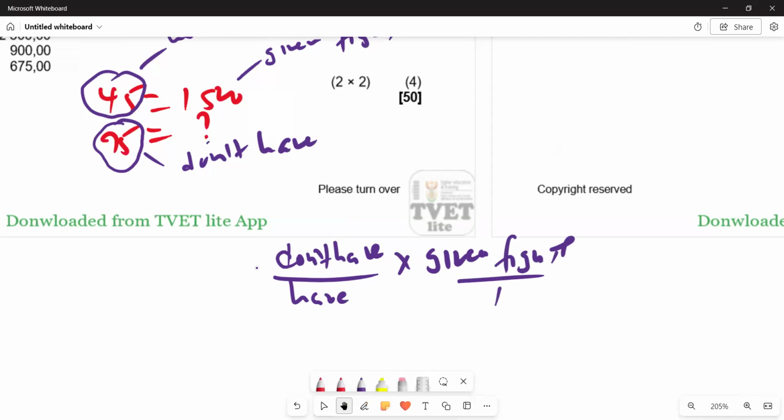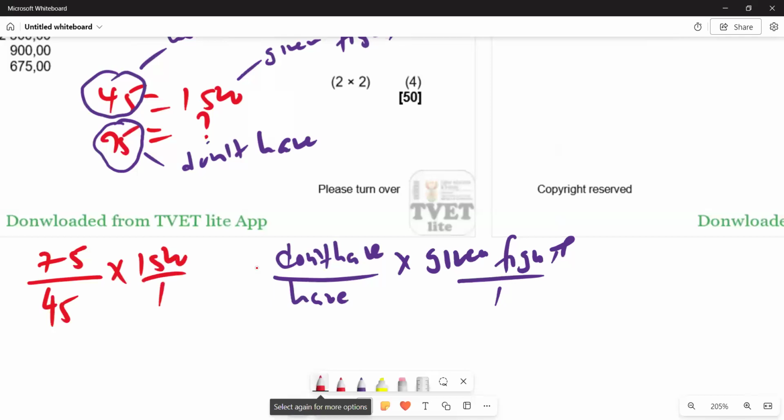So simple as that. So coming back there, you'd see that what you don't have is 75. And then what we have is going to be 45. And then you multiply by 1,500 as the given figure over 1.